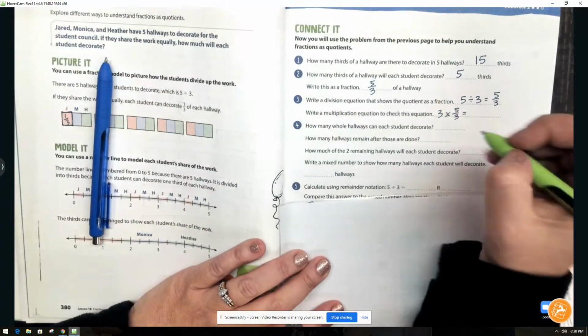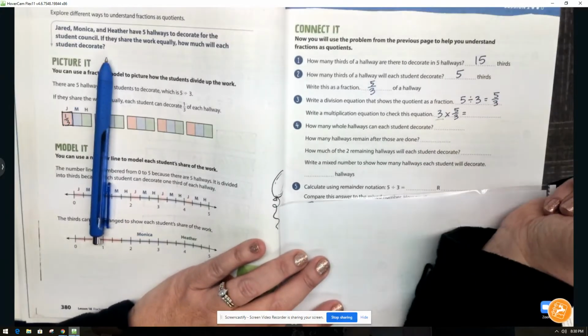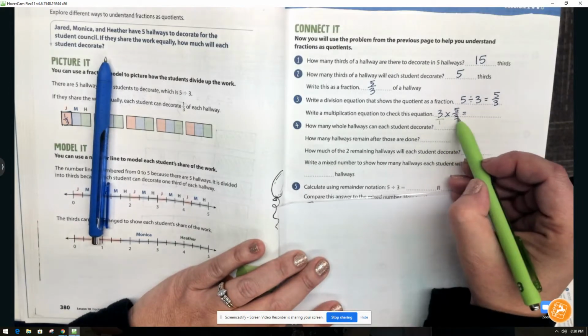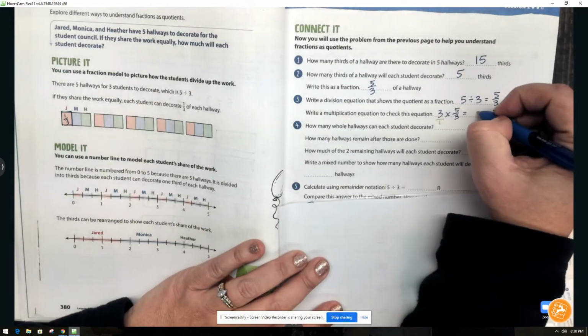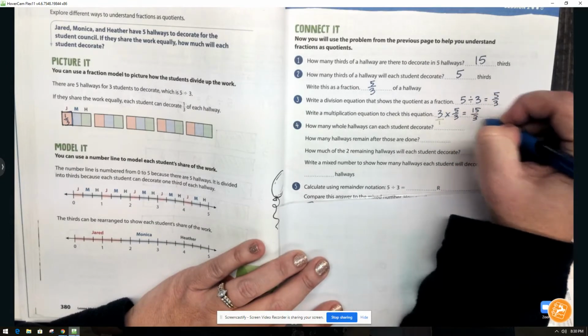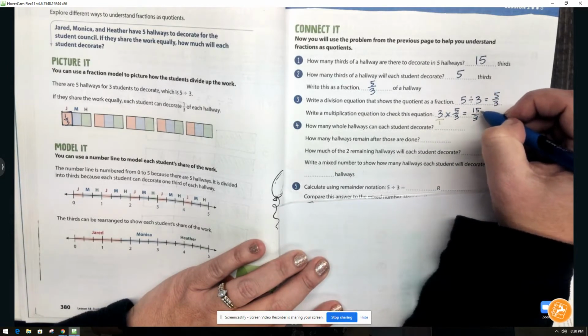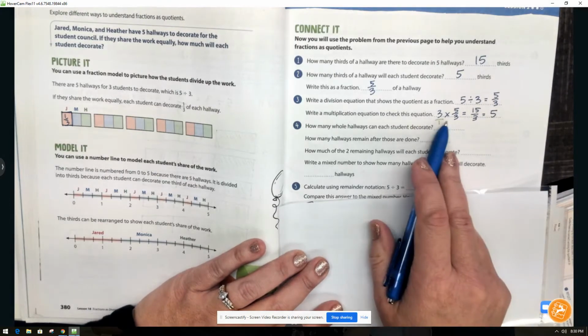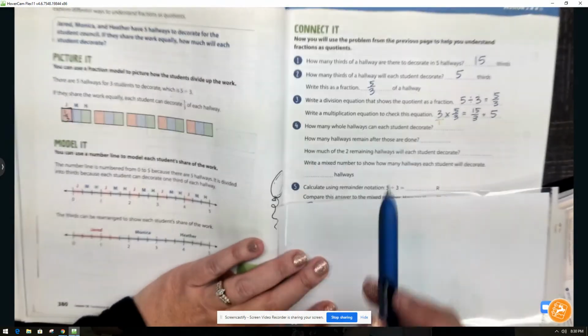We haven't learned this yet, but I'm going to show you just because it's a little precursor. 3 can also be written as 3 over 1. And then when you multiply fractions, you just multiply straight across. So 3 times 5 is 15. And then 1 times 3 is 3. 15 thirds is the same as 15 divided by 3, which equals 5. So that's how you can check your work.